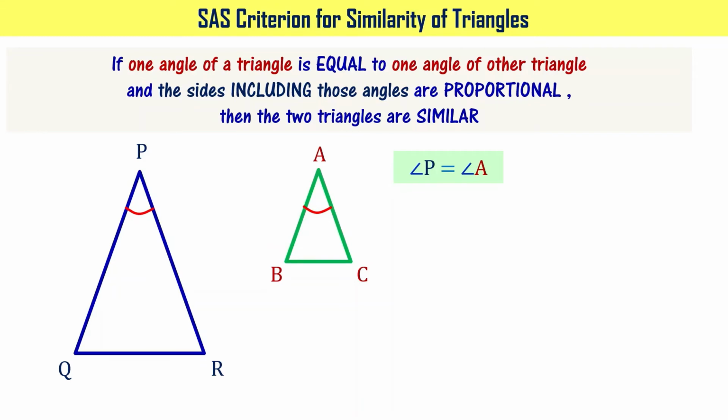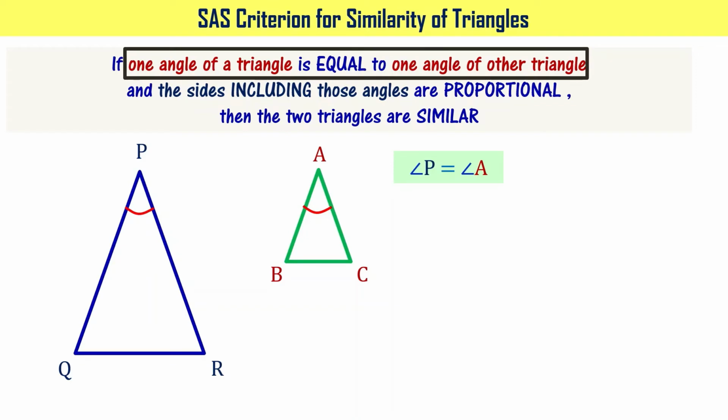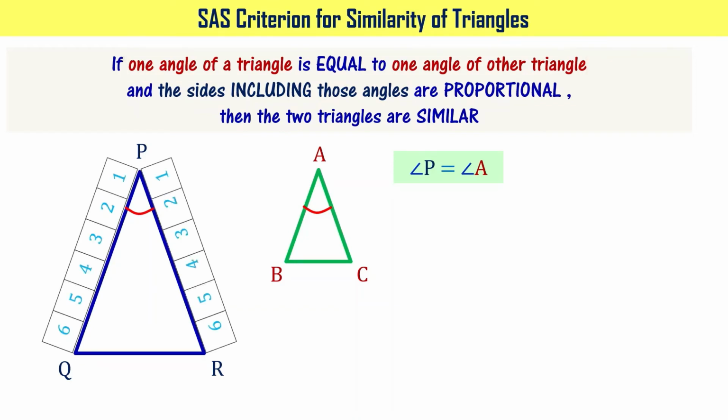Now, we have to see whether the sides including those angles are proportional or not. The sides including angle P are PQ and PR, and the sides including angle A are AB and AC.